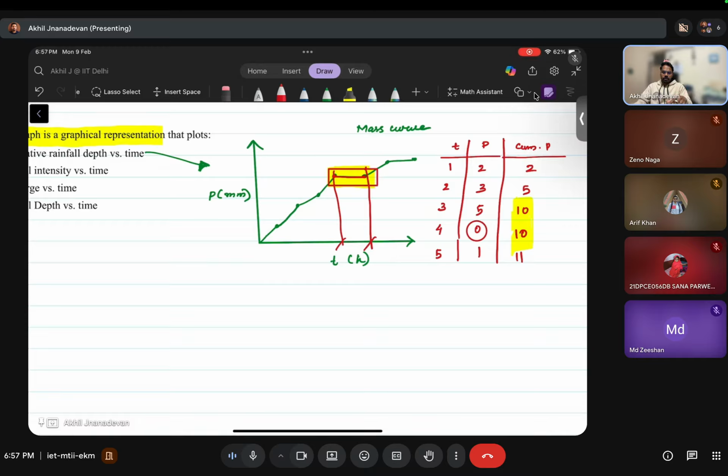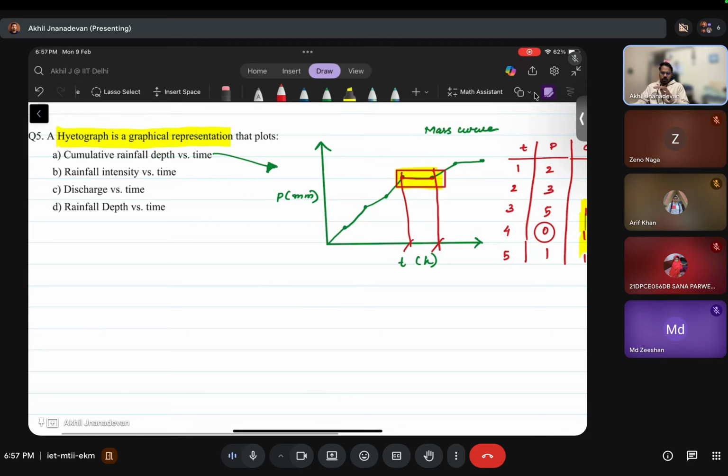That's why the cumulative plot became horizontal. So this also can be a good question. Remember that whenever the mass curve is horizontal, the reason is that no rainfall occurs in that particular period.